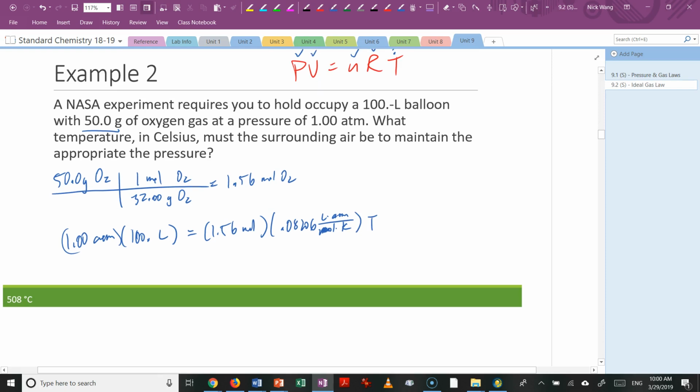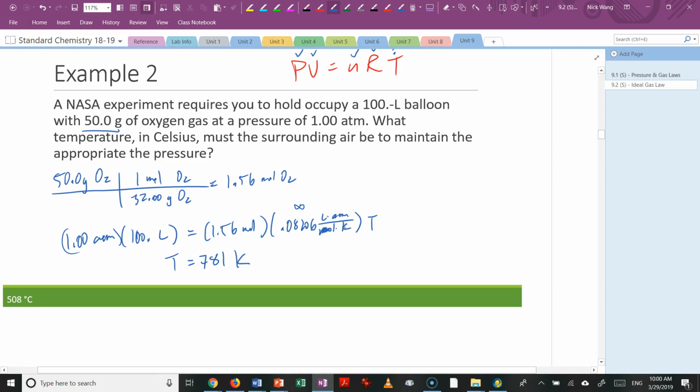All right, rearrange, do a little bit of math, and you get a temperature of 781. Number of sig figs here should be 3 because 3, 3, 3, and this again is infinite because it's a constant. That's 781, but of course the units here, based on the rearrangement, you'd end up getting K, right?